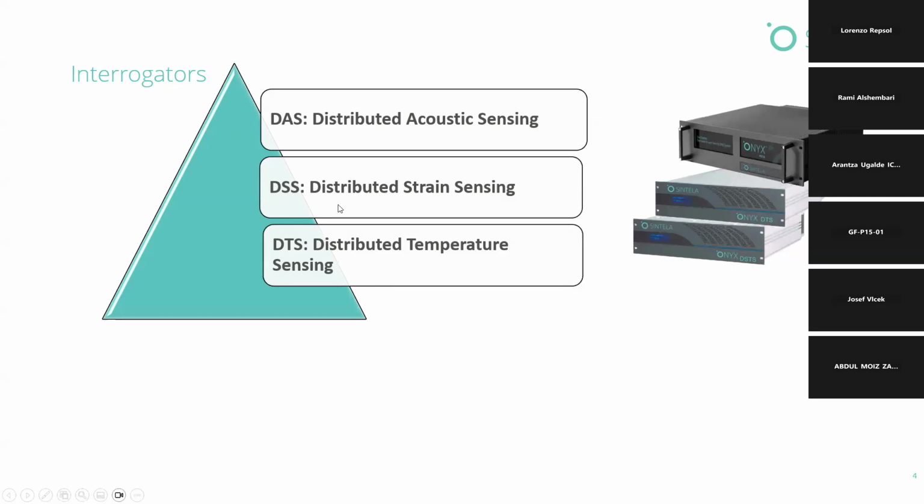DTS and DSS are usually near field, so within approximately the fiber location, we can measure strain changes if the fiber is nicely coupled to the rock mass or to the infrastructure we're monitoring, and also temperature variations anywhere along the fiber. But the benefit of DAS is that it's far field, so the fiber is sensitive to any kind of dynamic seismic activity or dynamic loading coming towards the fiber from a distance as well. So DAS is far field.